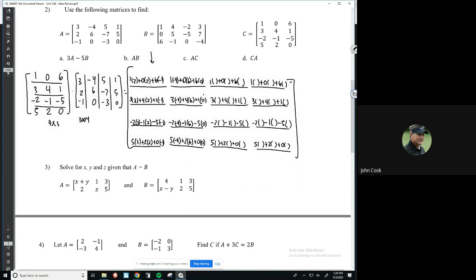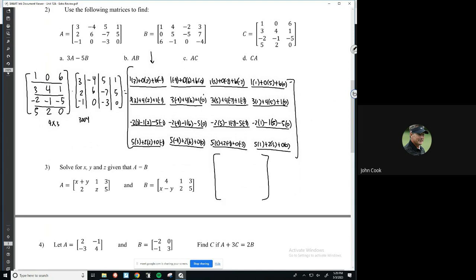Column number 3 is 5, -7, -3. And then column 4 is 1, 5, 0. All right, let's see what we get for our resulting 4 by 4 matrix.